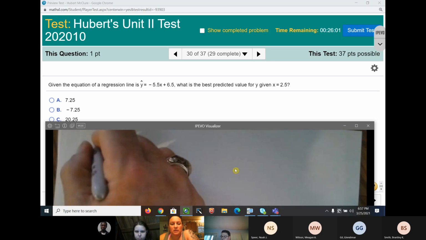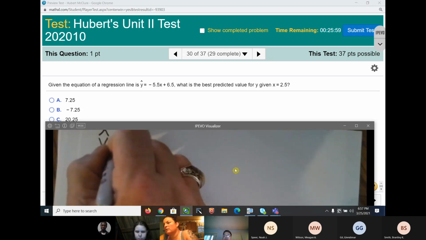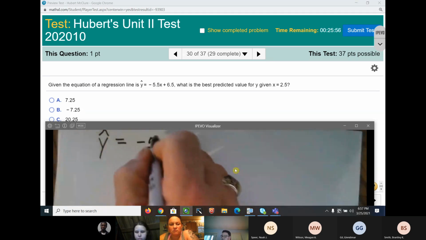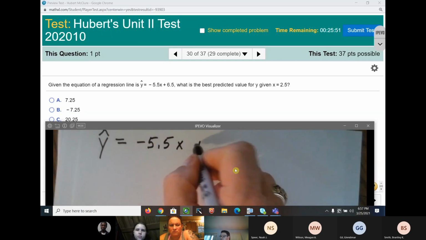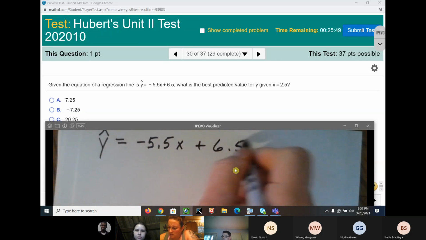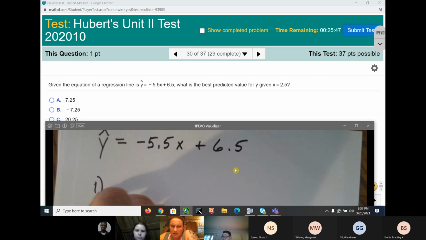The line of regression is equal to negative 5.5x plus 6.5. You can either plug and chug, or you can graph on the calculator and use the table function.